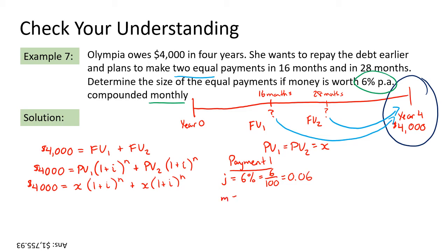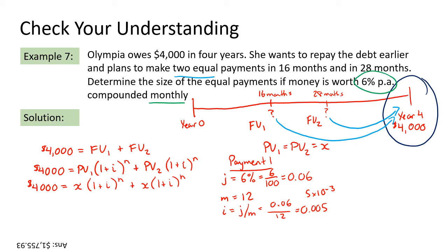Our number of compounding periods per year is provided in the question that it's monthly, so that means M is 12. So our periodic interest rate is J divided by M, which is 0.06 divided by 12, which is 0.005. Some of you might also have it in your calculator as 5 times 10 to the negative 3 if you're following along. All right?